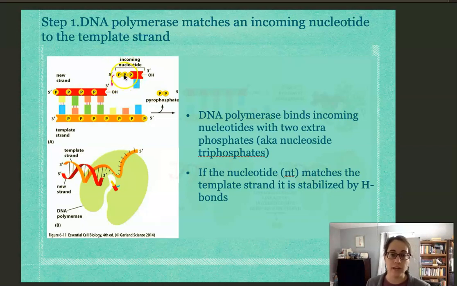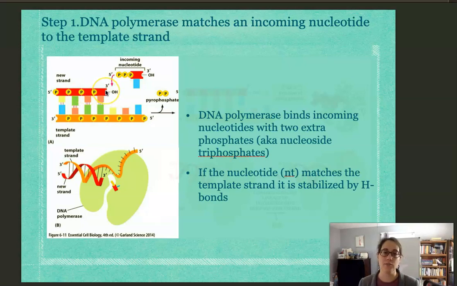And that is actually true. 2 of the phosphates are going to be removed, and these are removed by the DNA polymerase. This results in a release of energy, which allows the DNA polymerase to then form a bond between this incoming nucleotide and the growing strand.